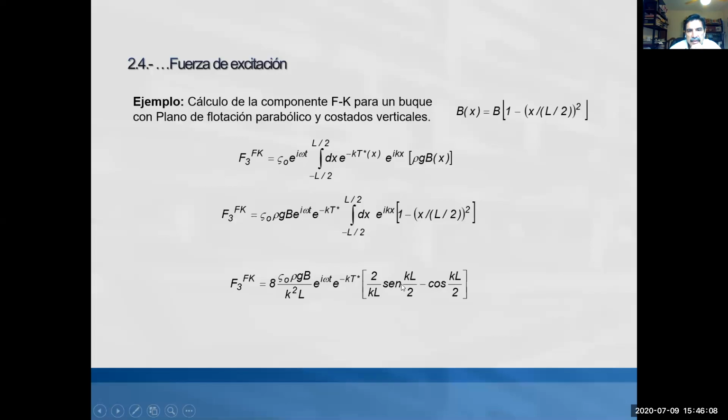That means these things have a cycling behavior. For certain values of KL, you can expect to have no excitation, and in other cases, KL will give you a very large value of the excitation. We will see that in a minute.